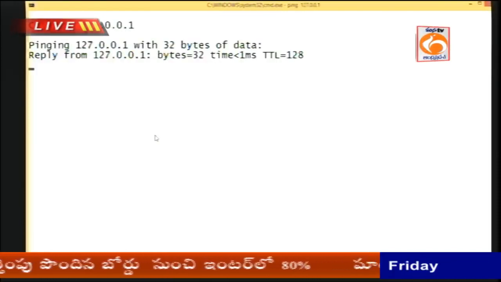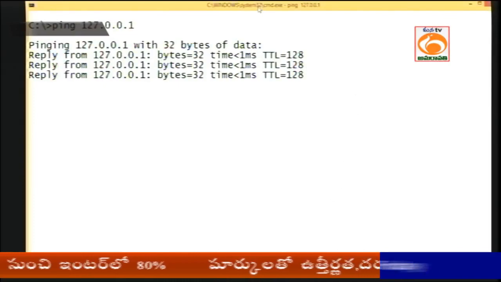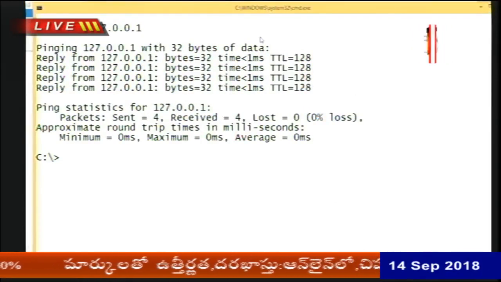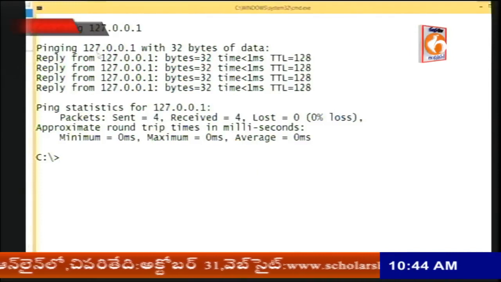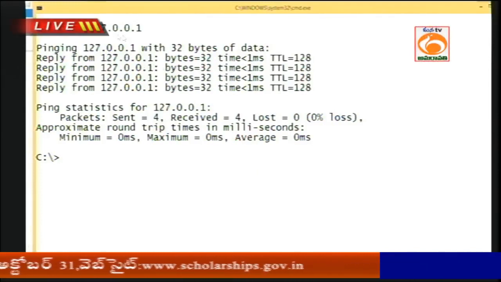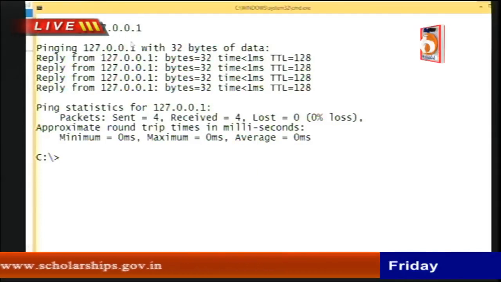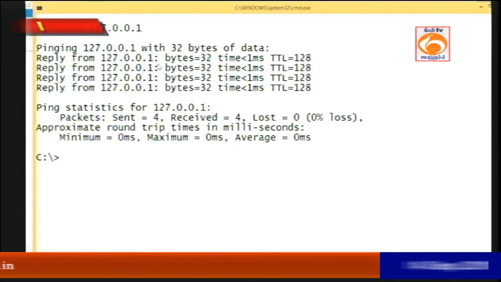So this is the IP address that we have set aside, and then we have got a reply from the same IP address, 127.0.0.1. We are trying to communicate with that particular IP address, and we are getting a response from it. So this is the loopback IP address.